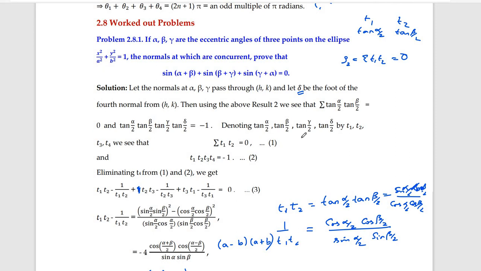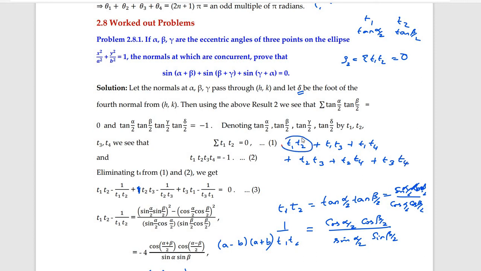This on expansion gives you 6 terms, 4C2 terms: T1 T2, plus T1 T3, T1 T4, plus T2 T3, T2 T4, plus T3 T4.